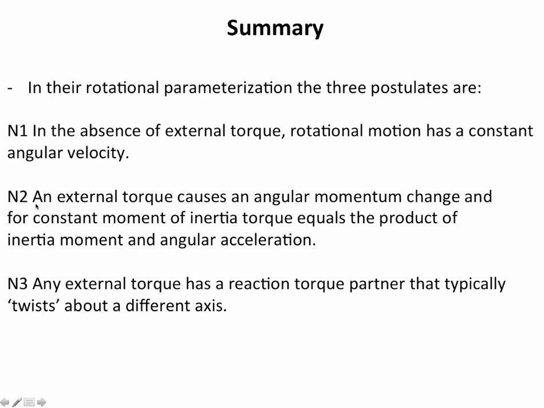Newton 2 reads like this: an external torque causes an angular momentum change, and for constant moment of inertia, torque equals the product of moment of inertia and angular acceleration. That's the equivalent of the equation F equals ma. And finally, the action equals reaction principle: any external torque has a reaction torque partner that typically twists as a torque about a different axis.